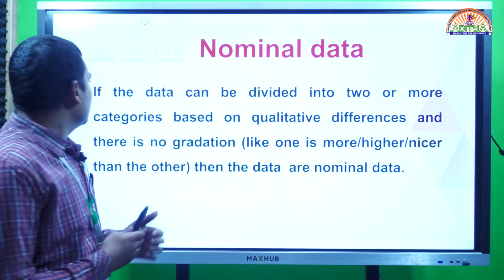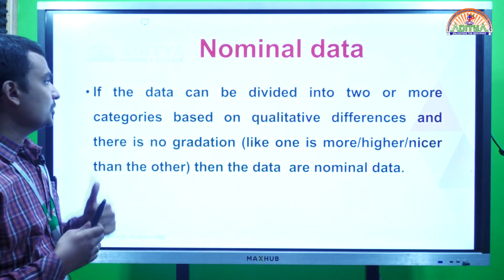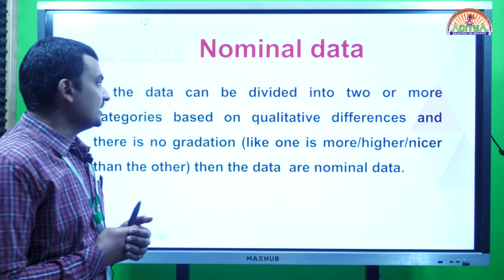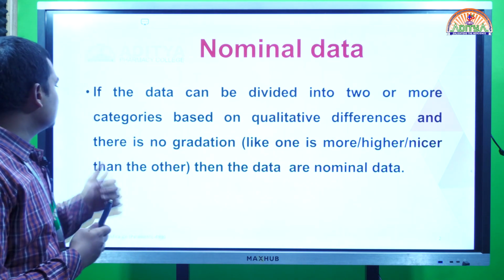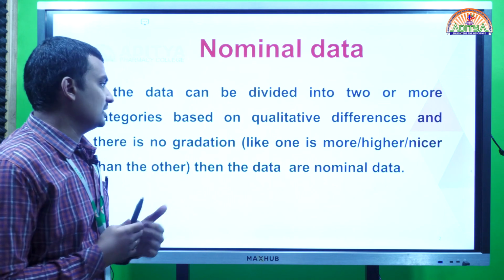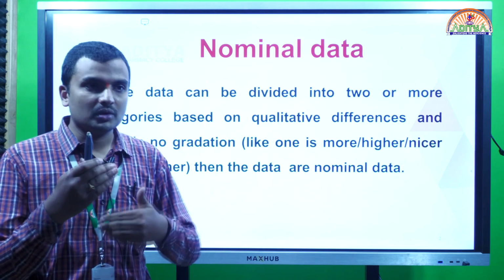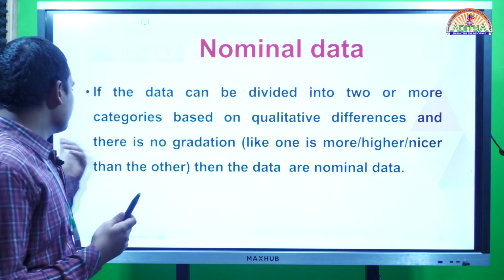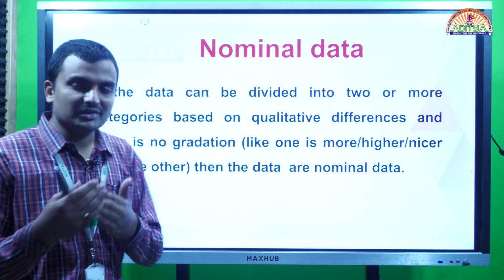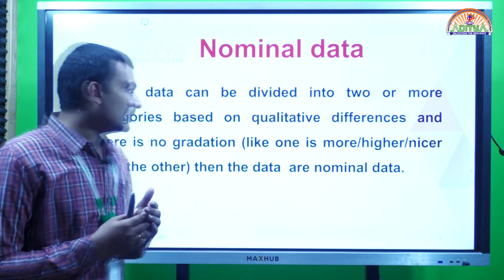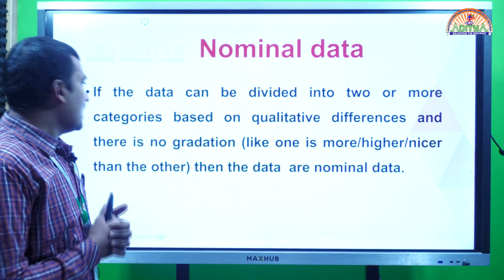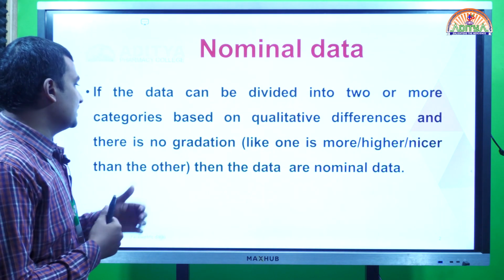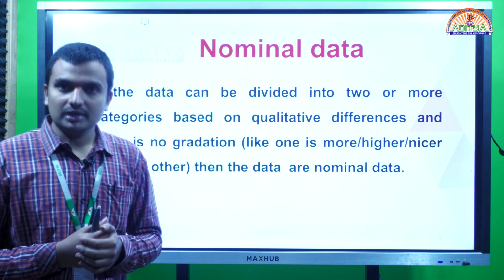Nominal data: if the data can be divided into two or more categories based on qualitative differences, and there is no gradation like more or less, higher, greater or less than, then the data is said to be nominal.